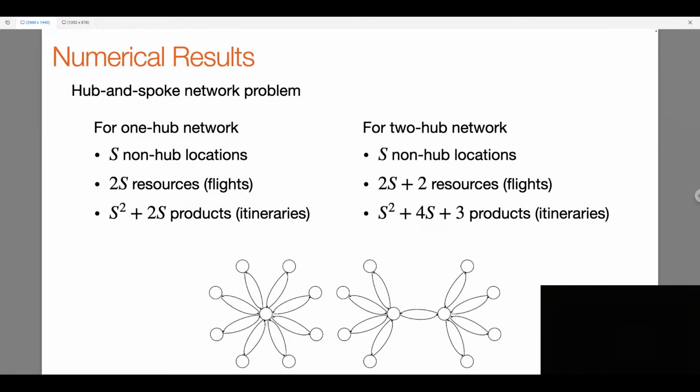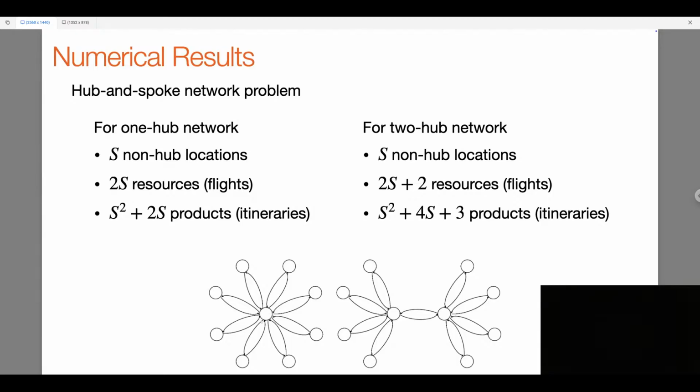For the numerical results, we also consider the hub and spoke network problem. For example, the airline problem is one hub and spoke network problem. And we only consider two kinds of network. The first one is a one hub network, as you can see from this left-hand side graph.